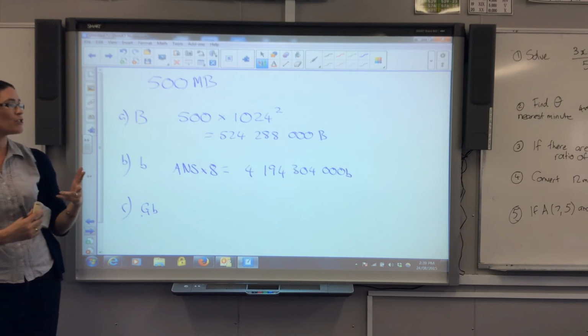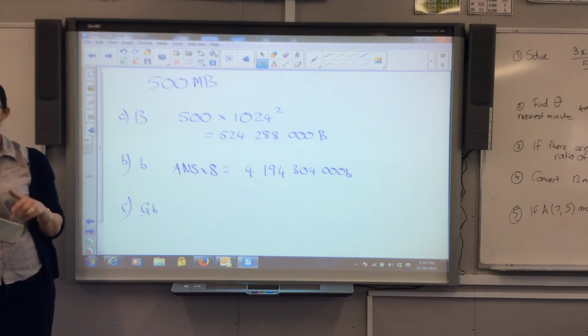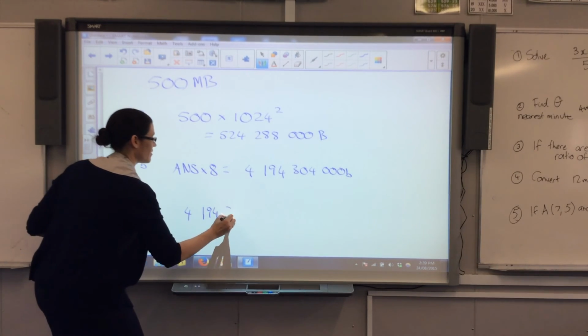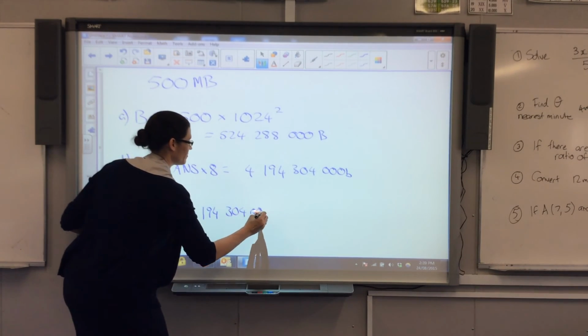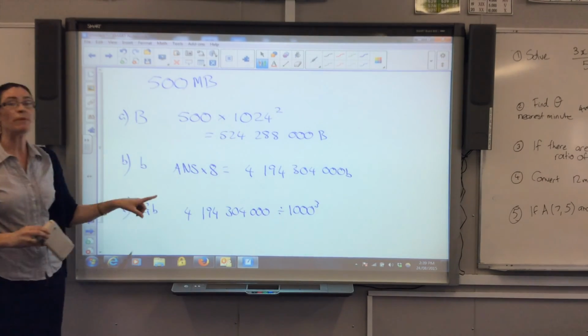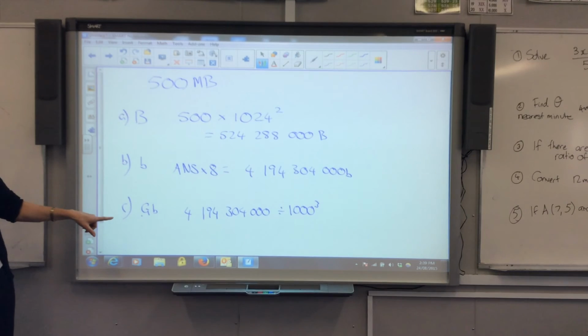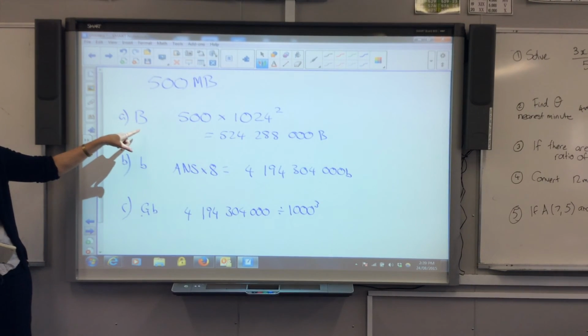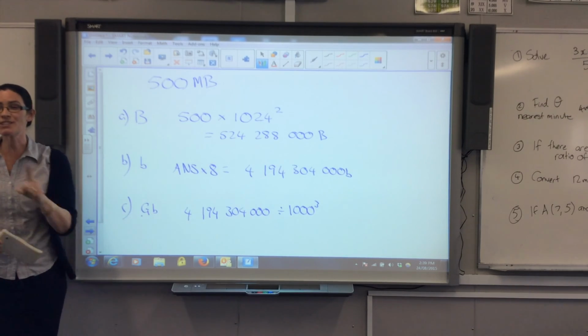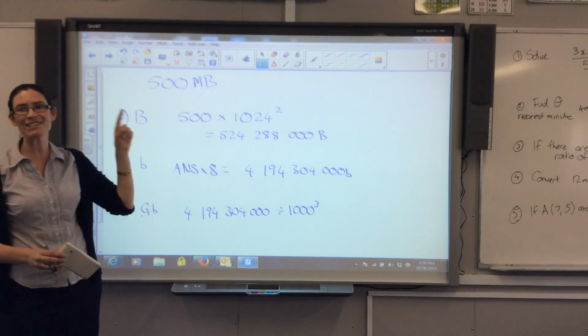So I'm going to divide by 1,000 to the power of 3. There's 1,000 between each. For bits it's always 1,000. You can't just whip out the 1,000 now. What happened to the 1,024? Ah, because these are bits. Bytes are 1,024.